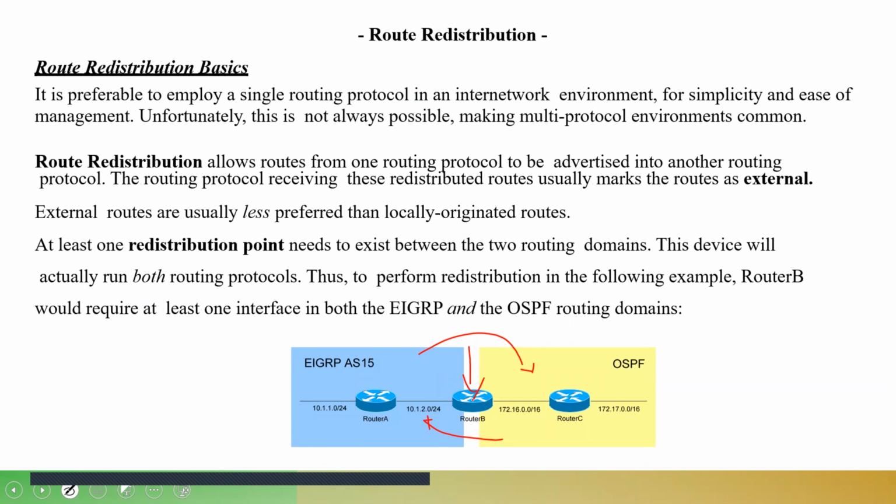Second important thing, we know that the EIGRP metric value is different and the OSPF metric value is different. Now, if you send EIGRP routes to OSPF, obviously EIGRP will lose its metric value, because once it is in the OSPF domain, that particular route will be known by its OSPF metric values, not the EIGRP metric values.